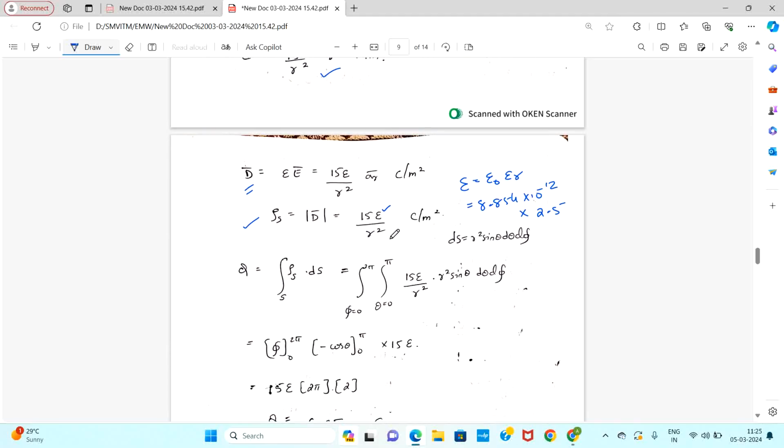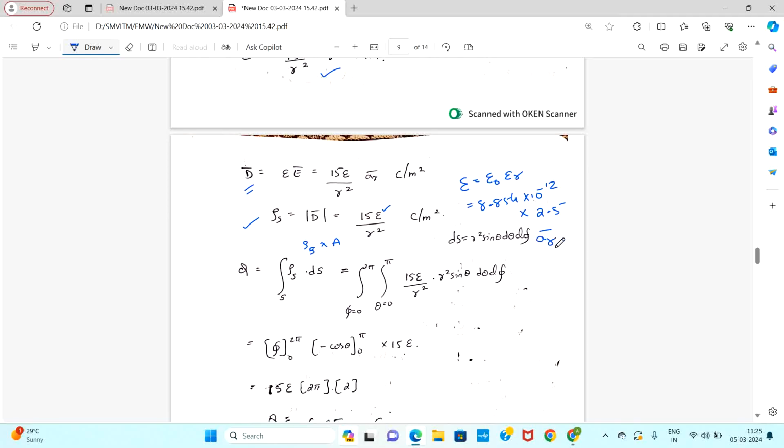Now for the rho S equation, we have 15 epsilon by R square. So it's a continuous system. If it is a continuous surface charge density, I cannot just take rho S into area. I will have to do integration now. The integration is the surface integral of rho S dot ds. This is a spherical system, and you are taking the R direction.